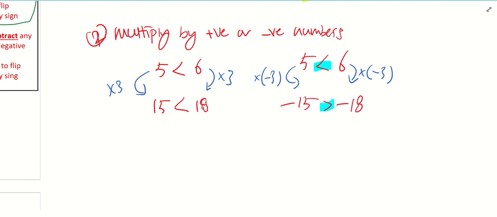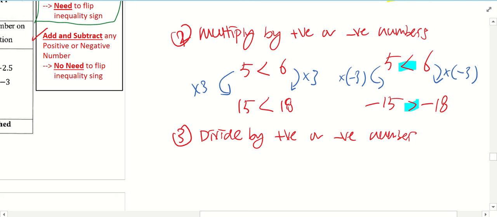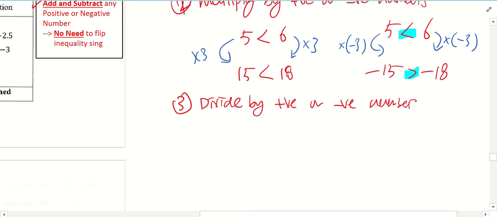Let's look at case number 3, where we divide both sides by a positive or negative number. As you can probably guess, something would also happen when you divide by a negative number. Let's take an example: 15 is smaller than 20.